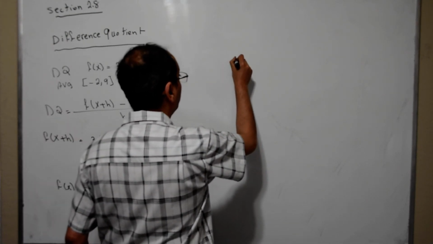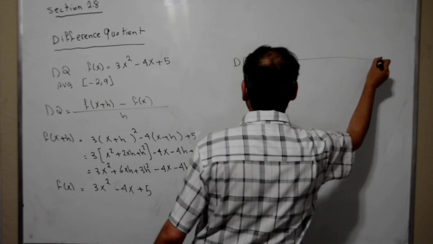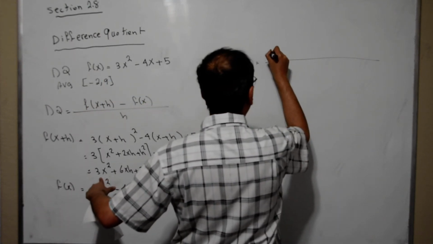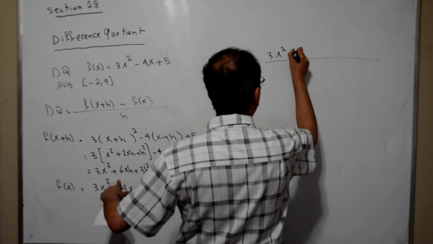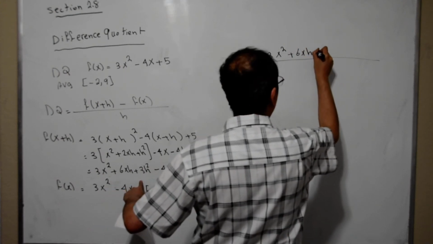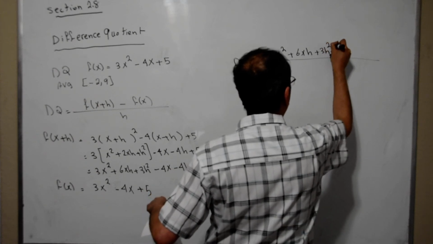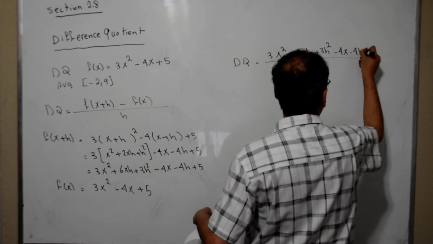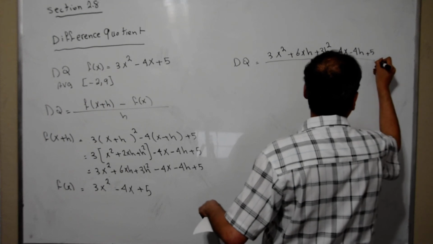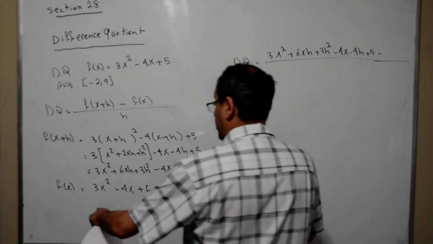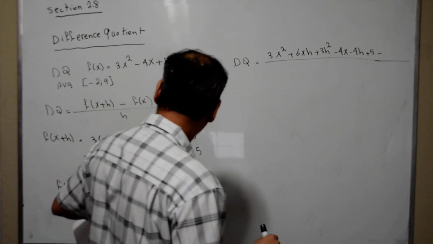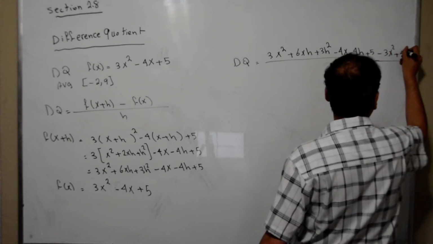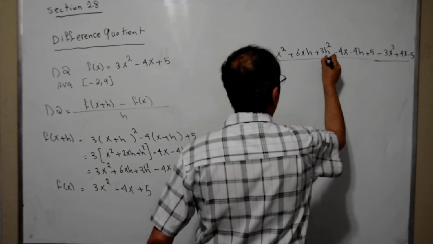Alright, so the difference quotient equals f of x plus h, which is all of this stuff, 3x squared plus 6xh plus 3h squared minus 4x minus 4h plus 5, minus, I'm going to subtract, so minus 3x squared plus 4x minus 5, over h.